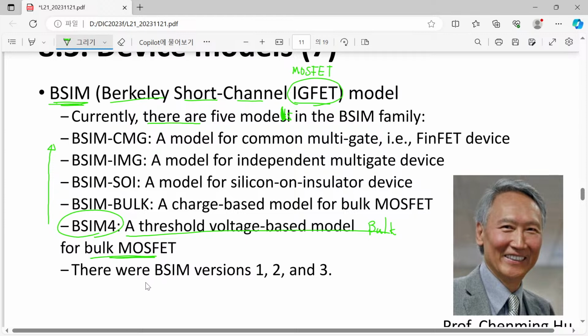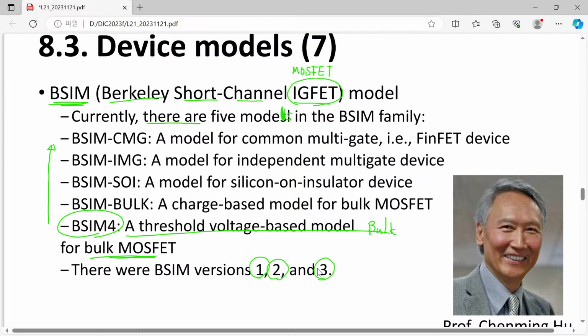And there were also older models like version 1, 2, 3. I remember that when I just entered this field, there was actually BSIM3. BSIM3 was the version of standard choice.